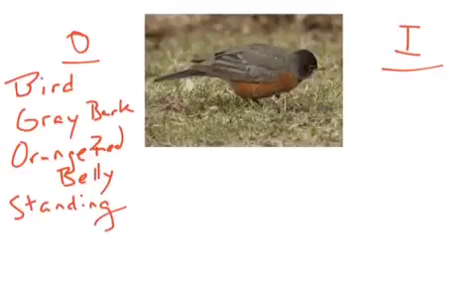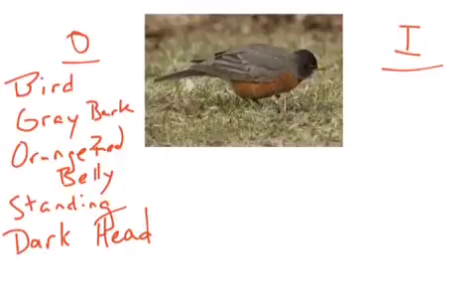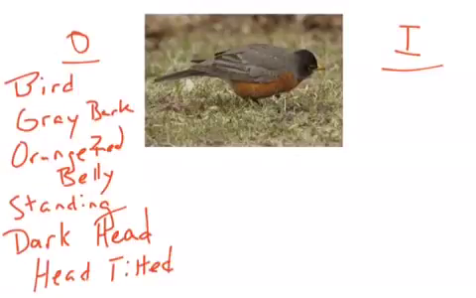Another observation we might notice is the bird has a dark head, definitely darker than the rest of its body. If you're very careful, you might notice that the bird's head is tilted. Okay, that's 1, 2, 3, 4, 5, 6 different observations that we've got there.